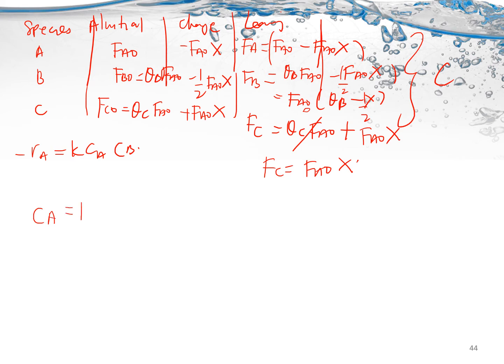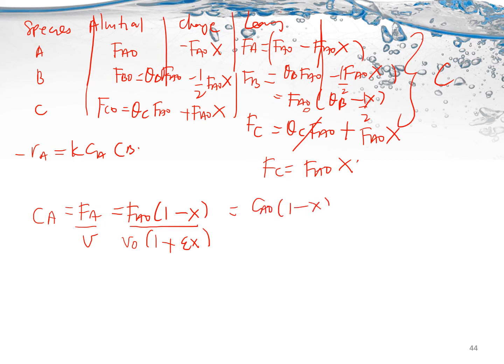CA is equal to FA over V, so FA0 times 1 minus X over the variable volume V0 times 1 plus epsilon X. So we will have CA0 times 1 minus X over 1 plus epsilon X. CA0 is 0.5 mole per decimeter cube, X we leave there, and you replace epsilon with minus 0.25.